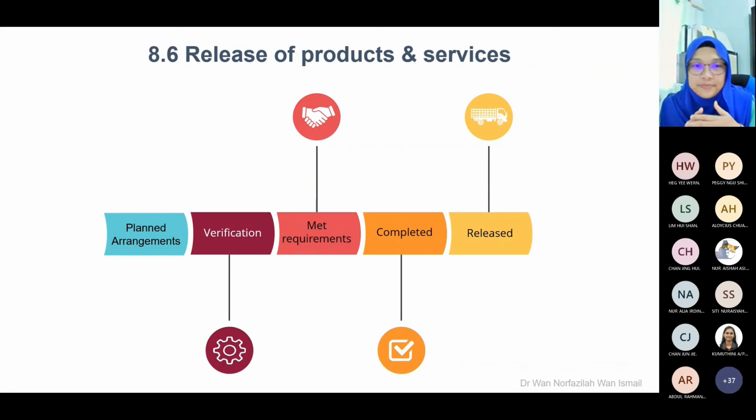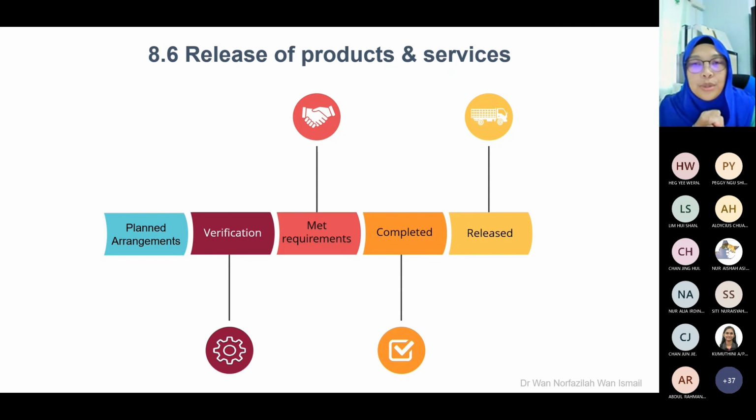Okay, for example, product. If you're providing cooking oil, your factory provides cooking oil to a supermarket. Plan how you want to transport the products to your customer, and then when to deliver.